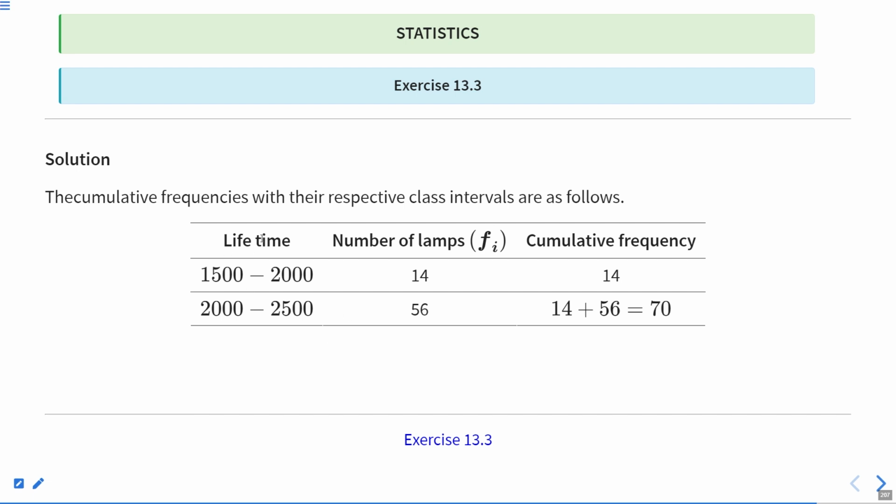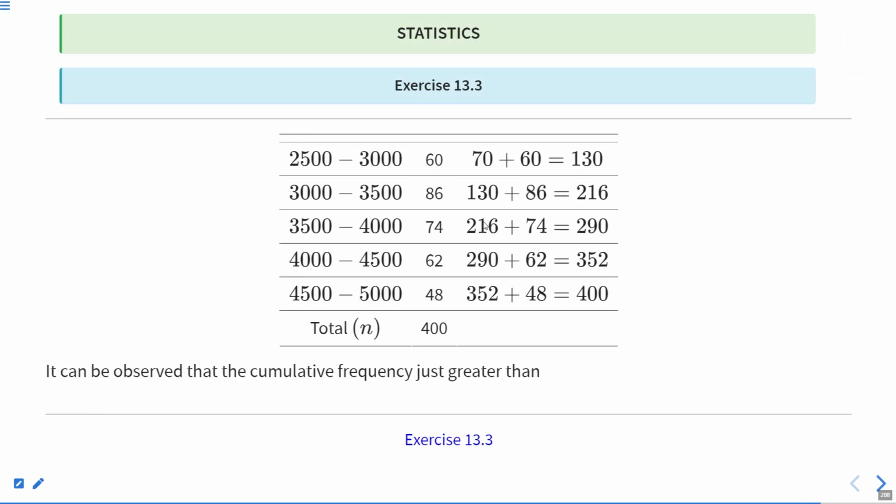In the first class, the number of lamps is 14 and the cumulative frequency is 14. In the next class, the number of lamps is 56, so the cumulative frequency is 56 plus 14, that is 70. For the next class, the number of lamps is 60, and the cumulative frequency CF is 70 plus 60, that is 130.